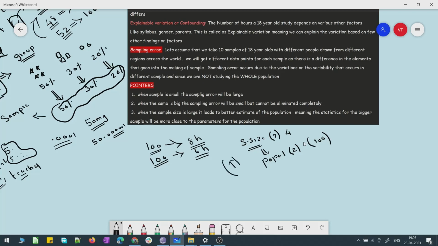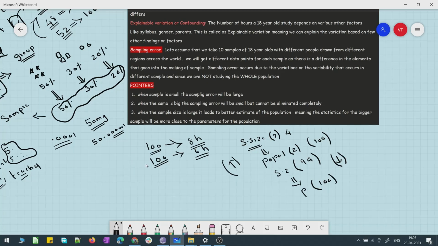But on the other hand, if my sample size is increased, say I'm taking 99 data points of my total of 100, the error you see will be very low. So when the sample size increases, the sampling error decreases. When the sample size is very small, you're bound to have a huge sampling error. These are the pointers you have to keep in mind.